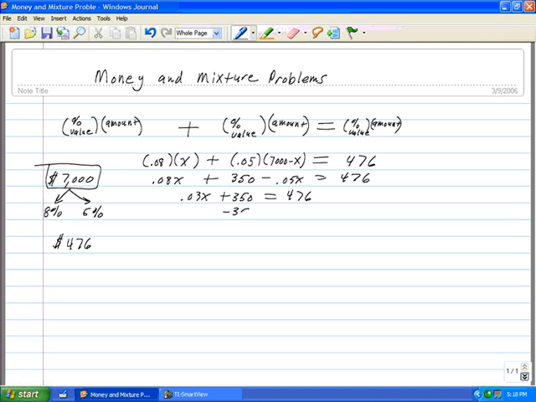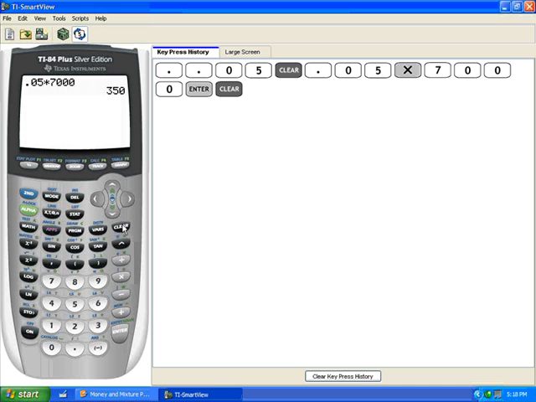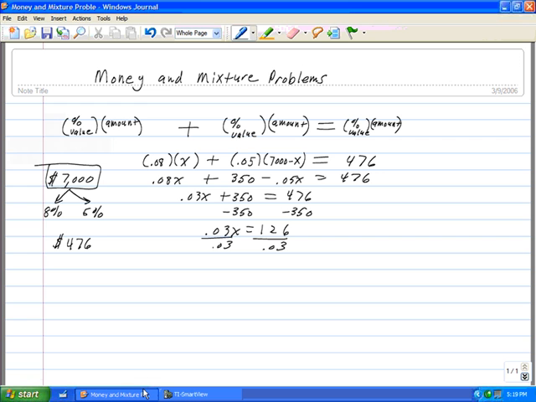I'm going to subtract off the 350, get 0.03x equaling 126 just from the subtraction. When I divide by 0.03, we'll again go to the calculator and take 126 and divide it by 0.03, and from that we're going to get 4,200.